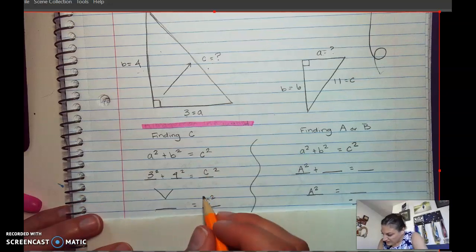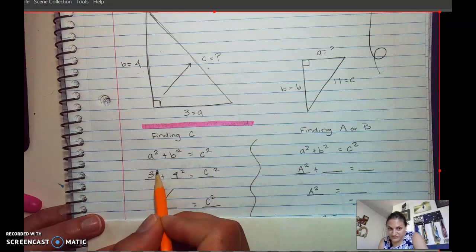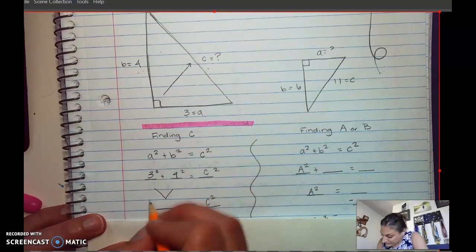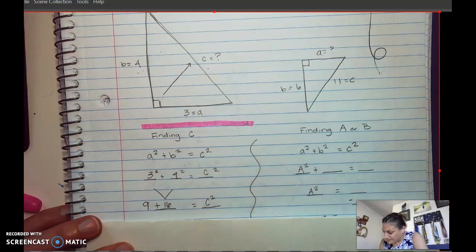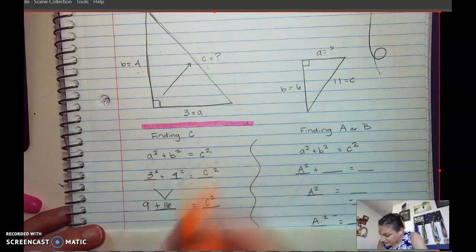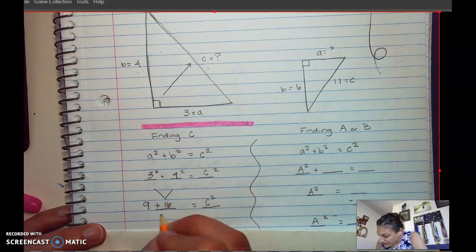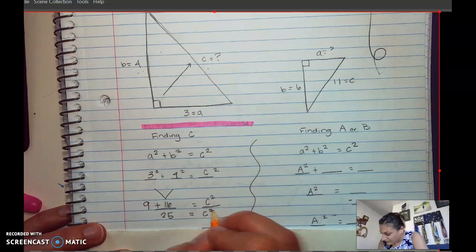So I am going to figure out what 3 squared is. 3 times 3 is 9, plus 4 squared, which is 16. And 9 plus 16 is 25. So 25 equals c squared.